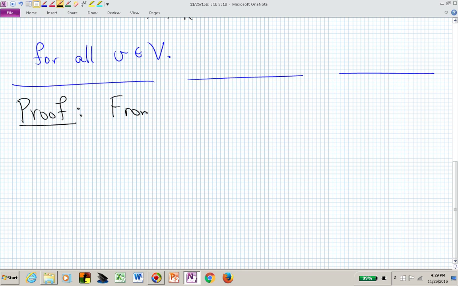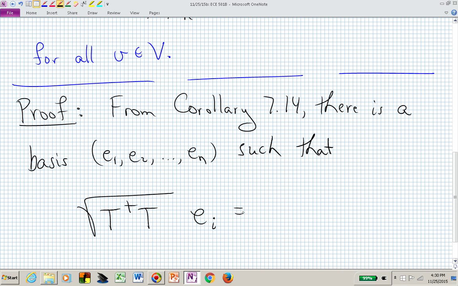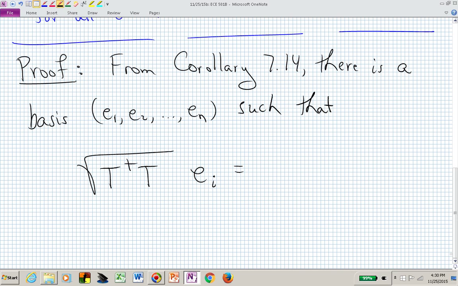From corollary 7.14, there is a basis e1, e2 up to e sub n, such that if we took this positive square root of T dagger T as an operator and applied it to this orthonormal basis e sub i, that would give us s sub i e sub i.